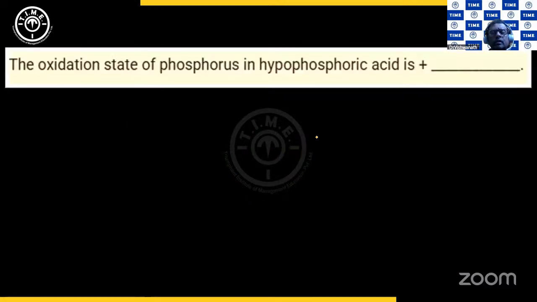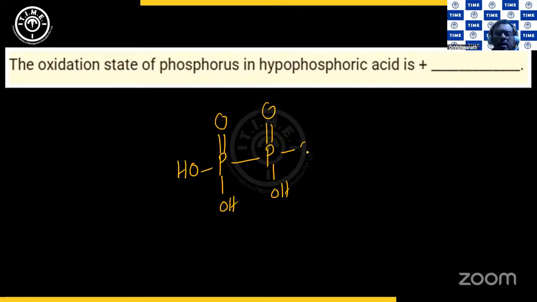Next, oxidation state of phosphorus in hypophosphoric acid. Structure: HO, P double bond O, OH, P double bond O, OH, and then an OH. So this is hypophosphoric acid.